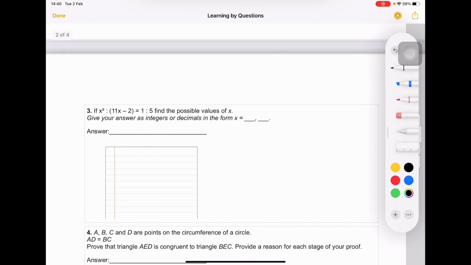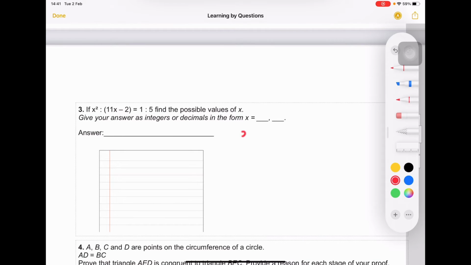Question 3, we have done this question so many times in class. Ratio, and I actually think one of my TikTok videos are on this type of question as well. X squared to 11x take away 2 is equal to 1 to 5 as a ratio. So this means x squared over 11x take away 2 equals 1 over 5.